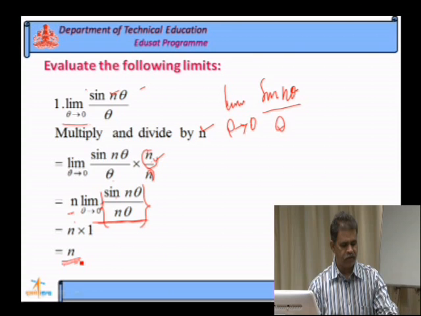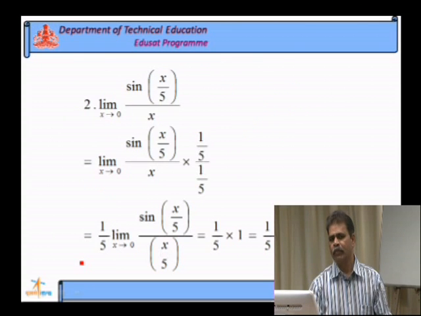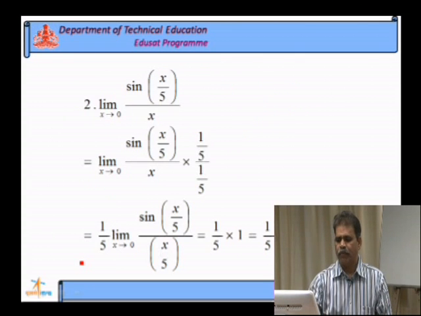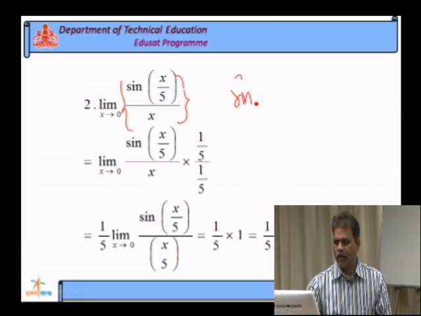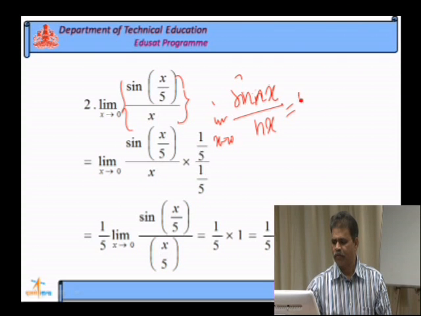You see the next problem, limit of sin of x by pi divided by x. So, this is to be converted into sin n x, where n may be positive or negative or a fraction, as x tends to 0 can also be taken as 1.